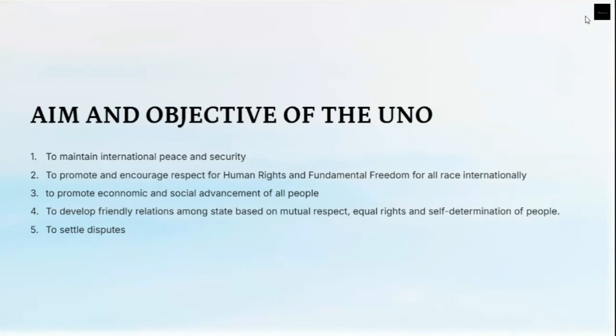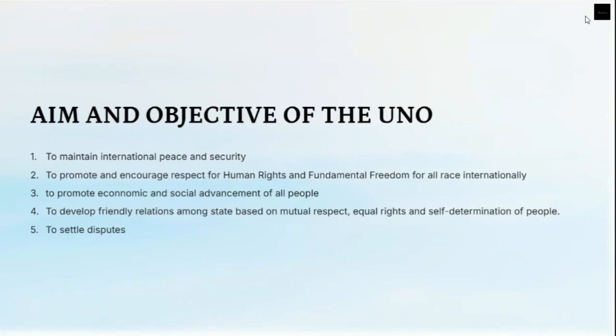Now, another purpose is to promote economic and social advancement of all people. Everything is just directing towards economic. Now, to develop friendly relations among states based on mutual respect, equal rights, self-determination of people, between different countries, all the countries in the world. Now, another purpose is to settle disputes.